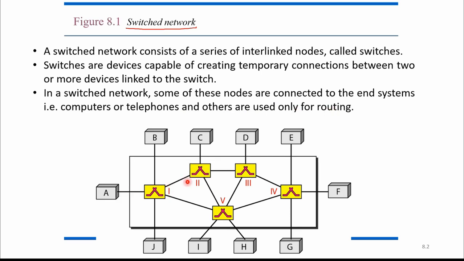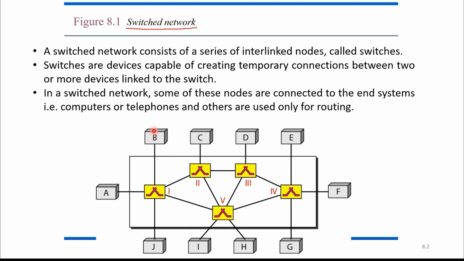So in between, suppose node A is there, and 2, 3, 4, 5 are there, and only A and C are the end nodes, the devices connected with switch 1 and 2. In that case, other switches will be used only for routing purposes. Routing is providing a route from A to C. So this is the basic structure of a switched network.